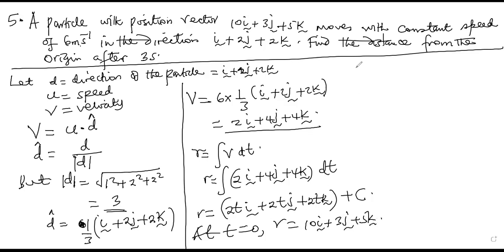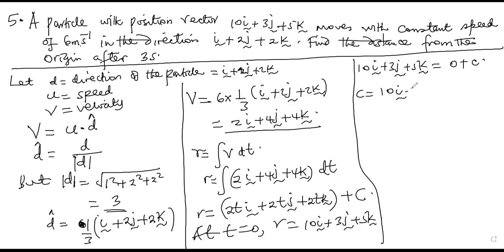So we shall have 10i plus 3j plus 5k is equal to, we substitute time as 0, it will make 0, plus constant. So our constant will still be 10i plus 3j plus 5k. Now they want the distance from the origin after 3 seconds.